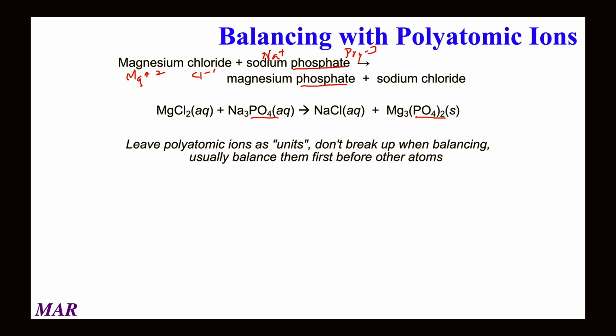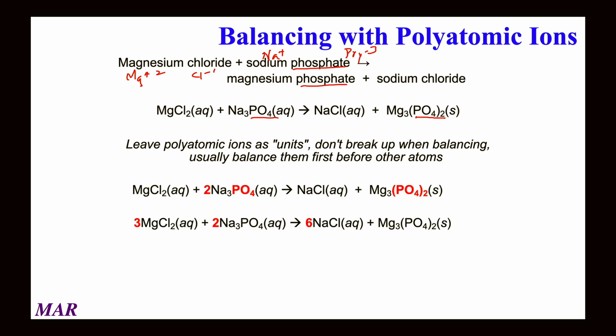So let's try and keep that together. Let's balance out that first, because that's a big atom. So notice that if we only have 1 phosphate on the left and we need 2, we're going to have to put a 2 in front of the Na3PO4. And that at least lets the phosphates balance. Now, magnesium phosphate has 3 magnesiums, and magnesium chloride has just 1.